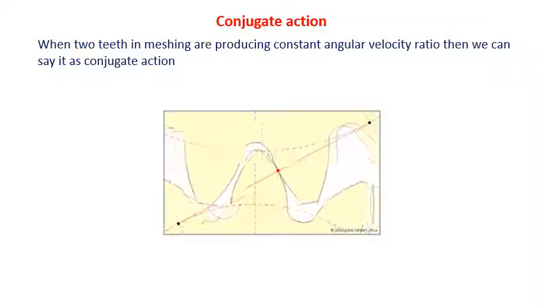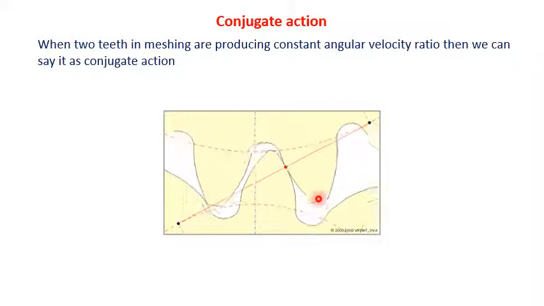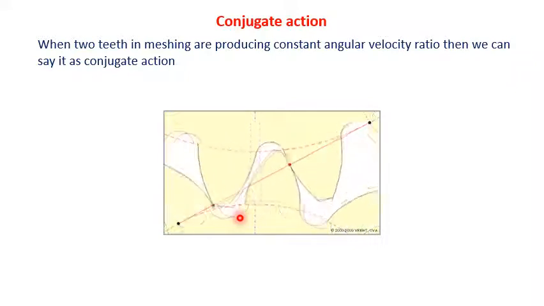You can see in the video, it is producing a constant angular velocity ratio. If any two gears produce a constant angular velocity ratio, then we call it conjugate action.